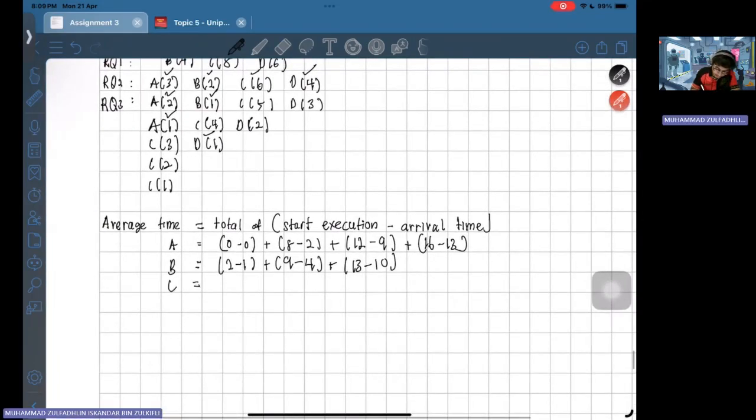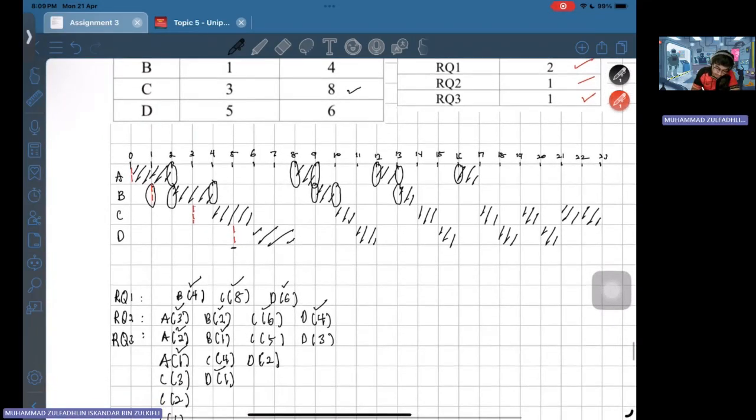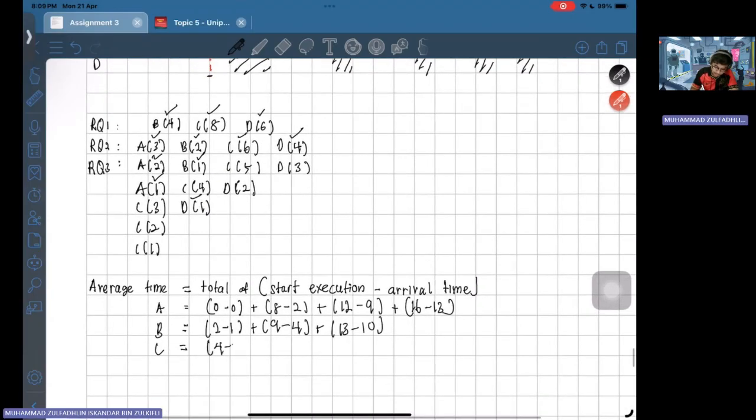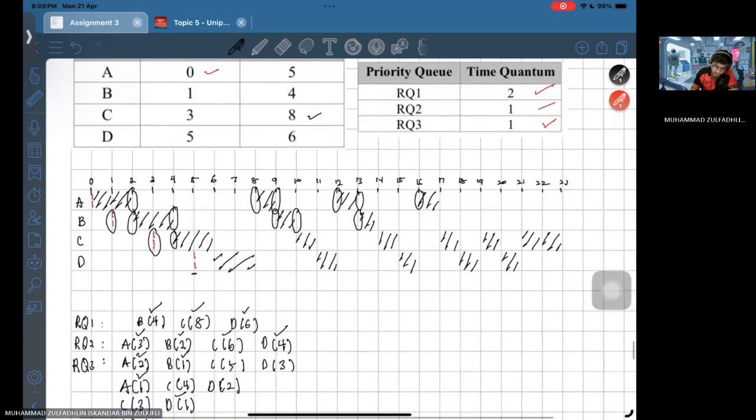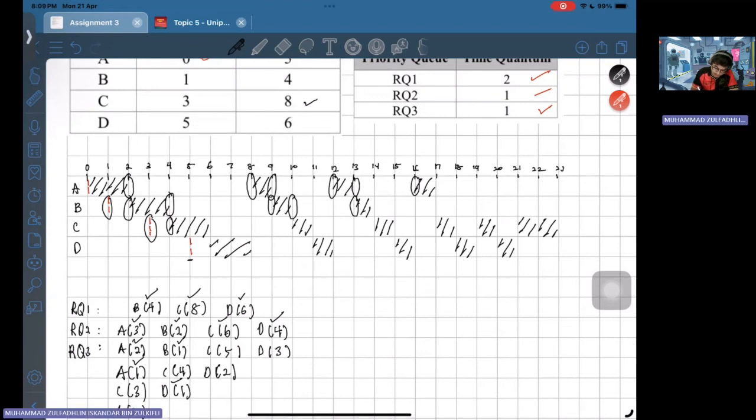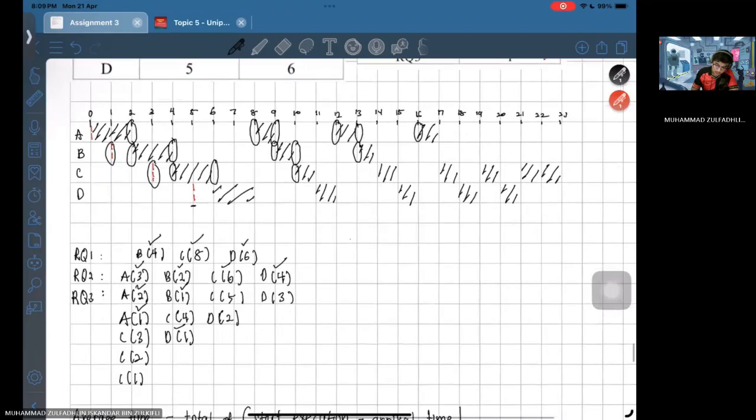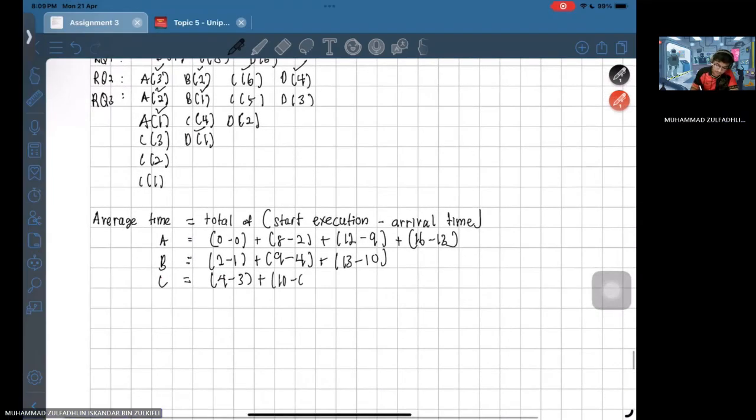So for C, it arrived at T equal to 3, and it starts execution at 4. So 4 minus 3, plus start execution at T equal to 10, then it arrived at T equal to 6, minus 6.